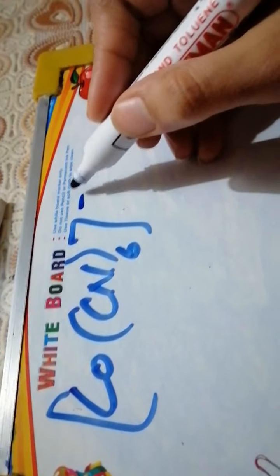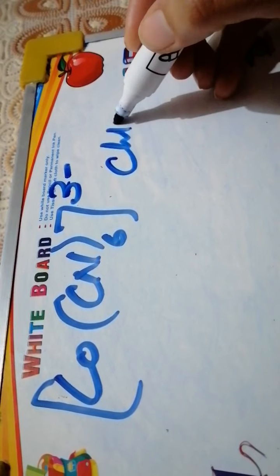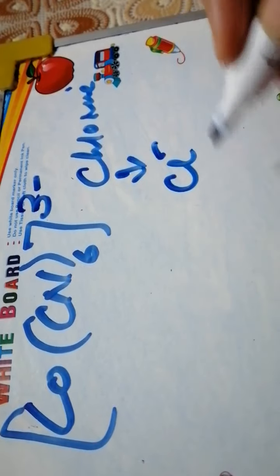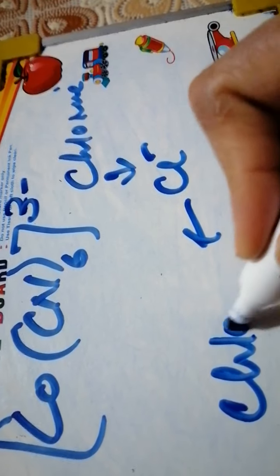Okay, and now we can take the example of cobalt with hexacyano. Hexa means 6, and cyano comes in when we are writing about a negative ligand. Like chlorine, normally when it has a negative charge we call it chloride, right?